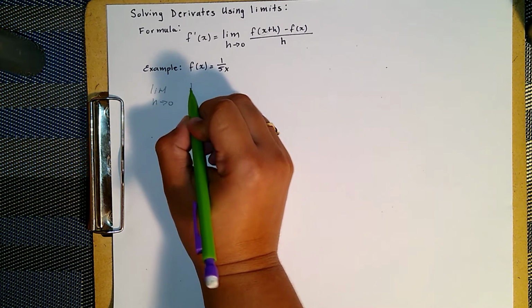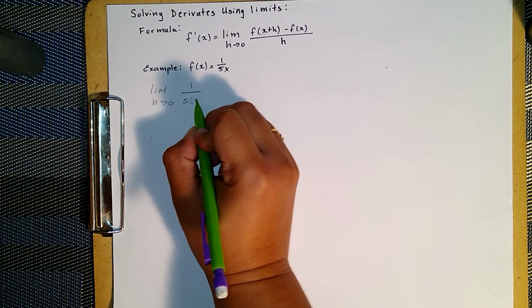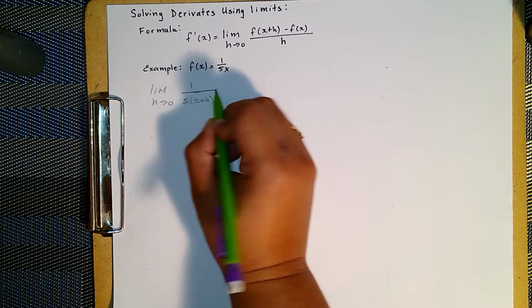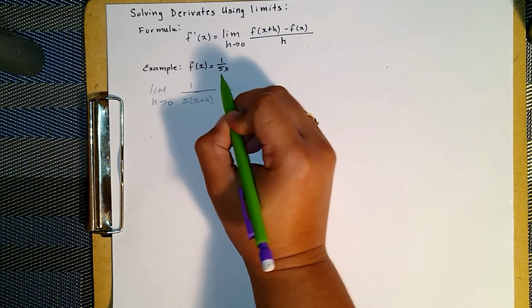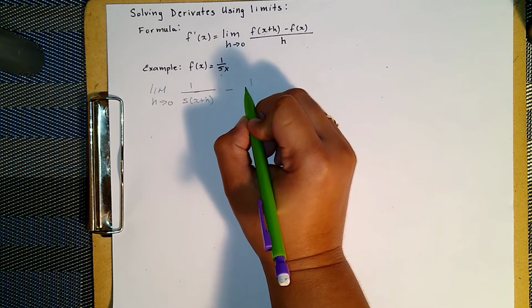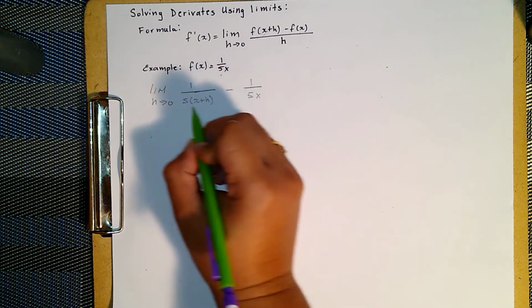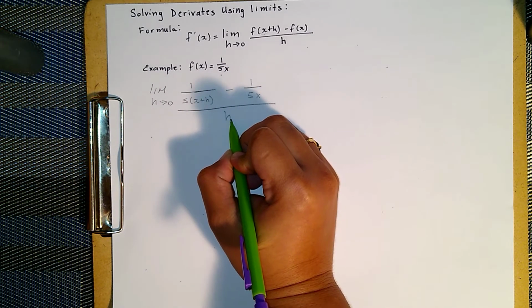So I'll write 1 over 5x plus h, minus, wherever there's an x, we'll substitute it with 1 over 5x. That'll be 1 over 5x, all over h.